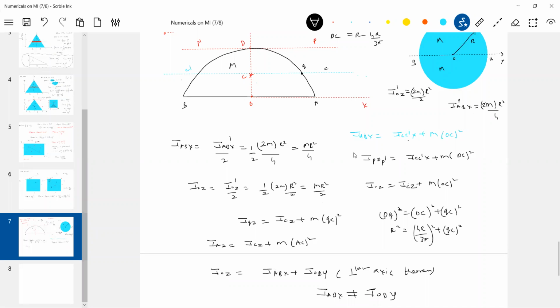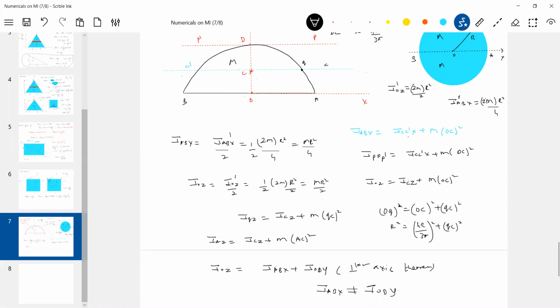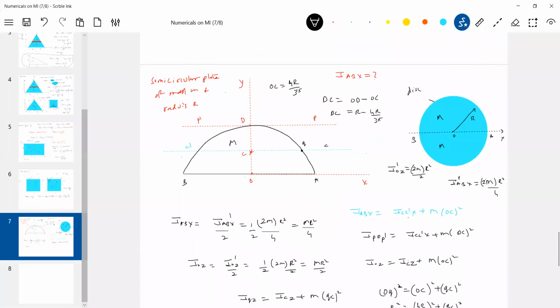Look at IOZ. Where is this axis? Not passing through the center of mass. Sir, is it possible? Yes. There's no rule that only about the center of mass you can apply the perpendicular axis theorem. You can apply about any point. So this I started just with a semicircular plate here.